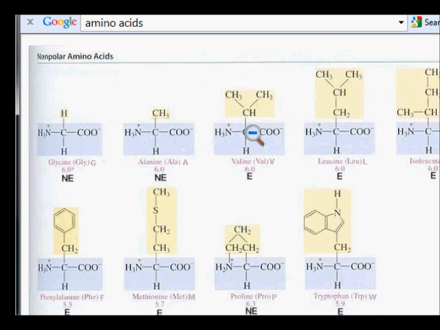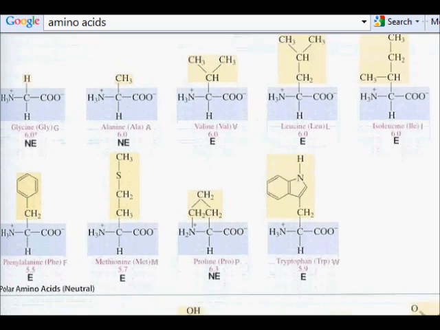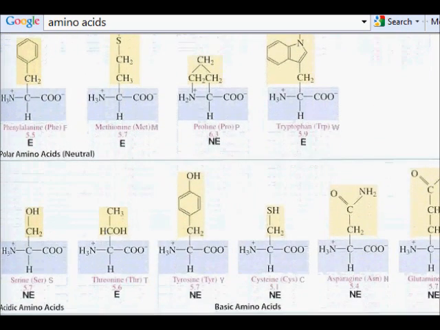It's the same across all these different amino acids, but this yellow part is what we call the R group. You can see the R groups vary quite a bit, and it's really these different groups that make these amino acids different. Some of them also have some sulfur and some more nitrogen and things like that. So it's really these groups that dangle off the main part that make these amino acids different.